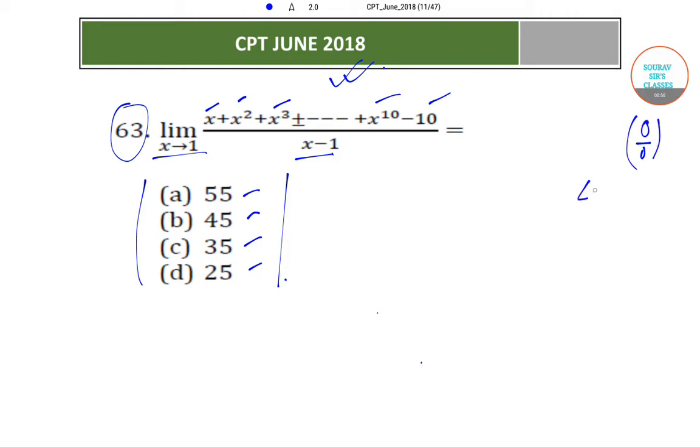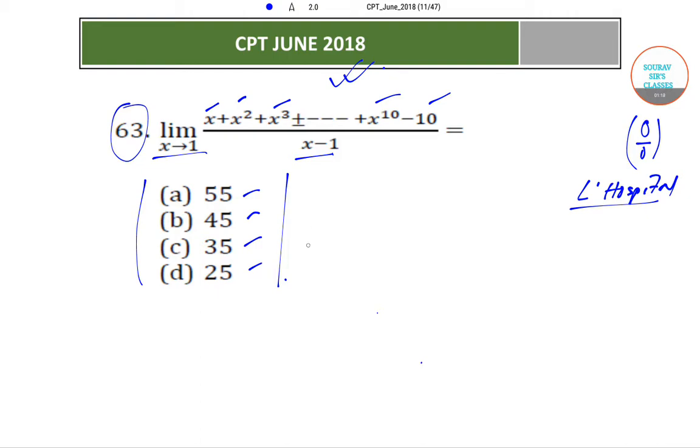We use the L'Hospital rule, where we differentiate both the numerator and the denominator with respect to x till the time the 0 by 0 form is eliminated. We'll do the same thing over here. We'll differentiate the numerator and denominator separately with respect to x.